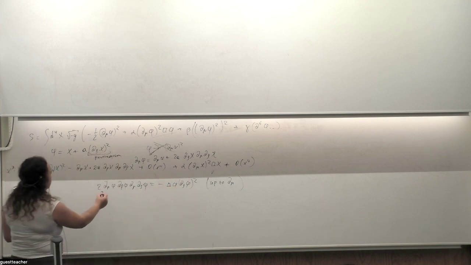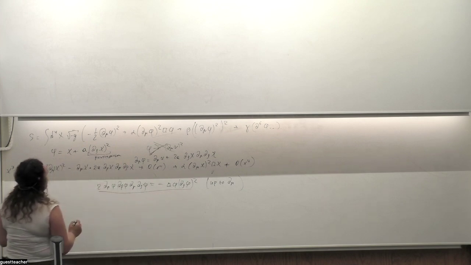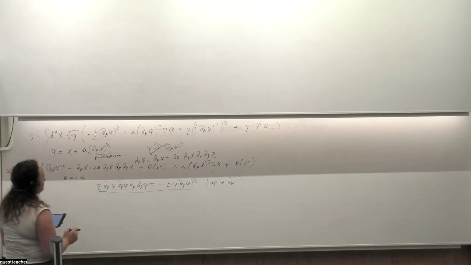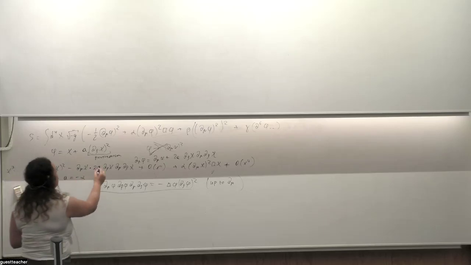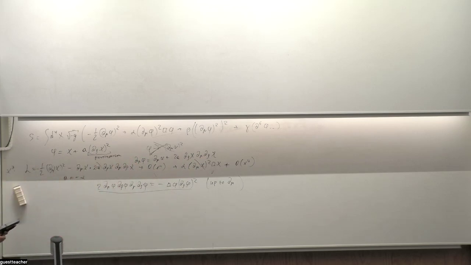I can simply say that my a is minus alpha, and the thing is done. These two terms will just cancel each other. That's the trick which allows me to eliminate the cubic interaction and transform it into higher order interactions.